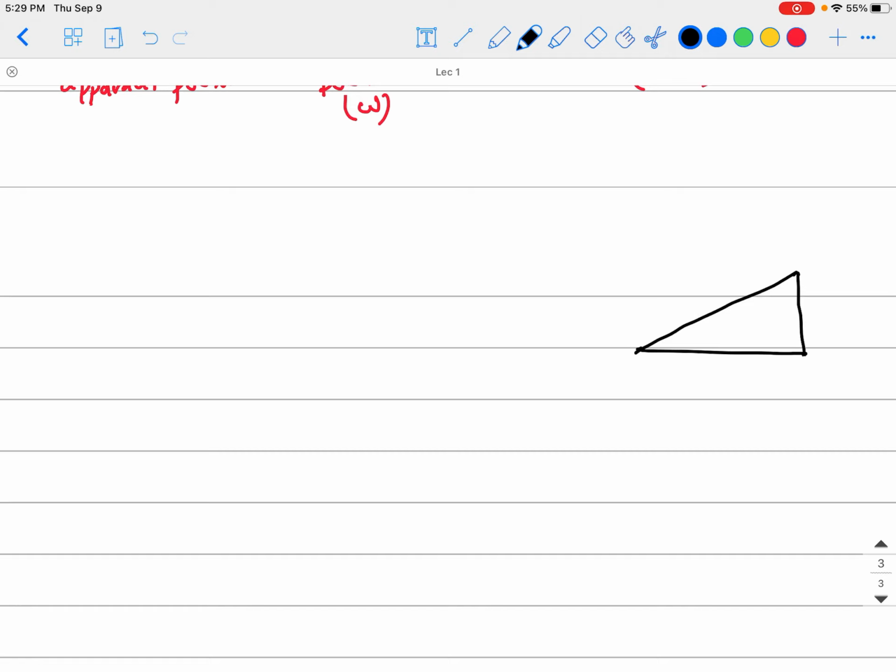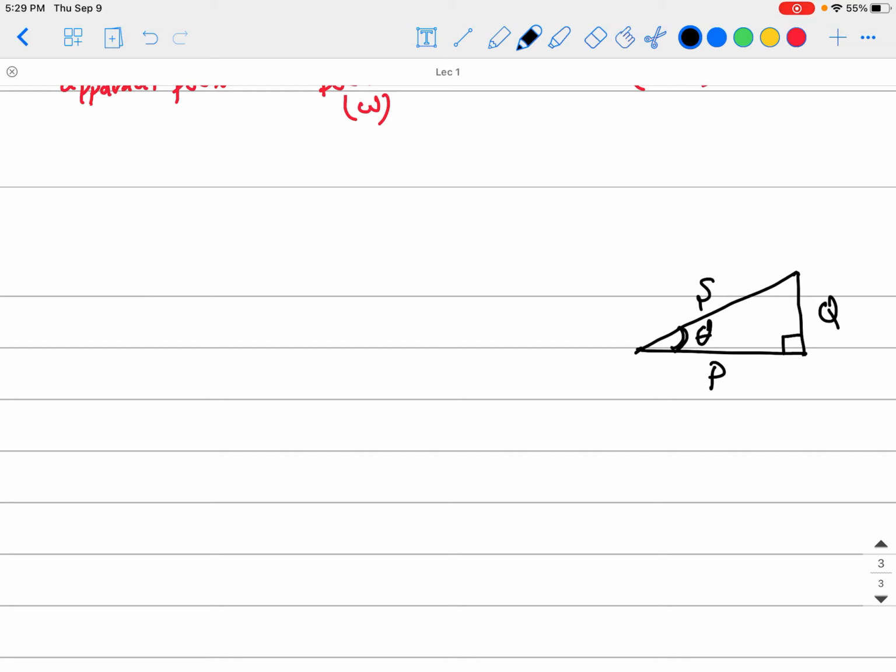So you can find it from the complex triangle. So this is P, and that is Q, and this is S, and this is the angle theta, which is the phase shift between the voltage and current. Okay, guys? So from this triangle you can find all that you want.